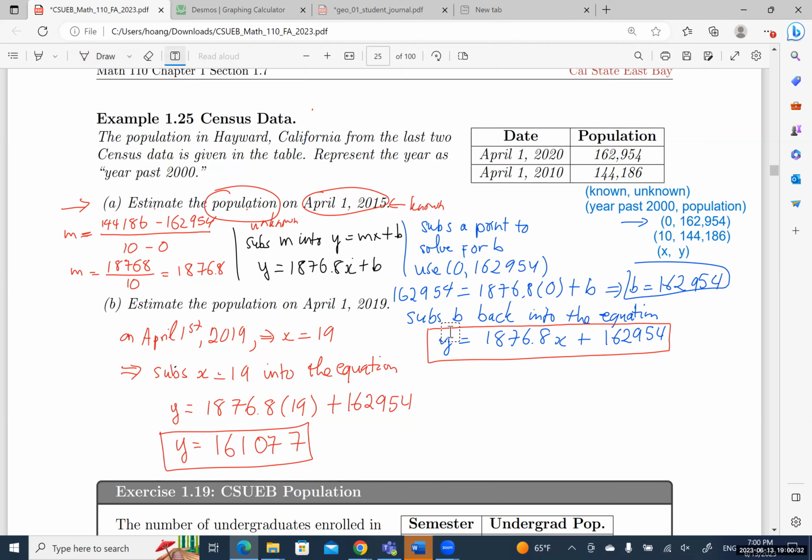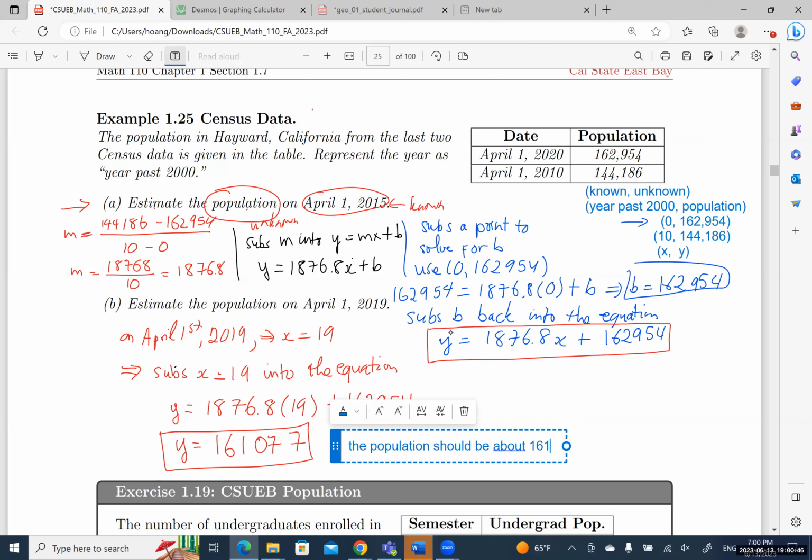And I can say the population should be about 161,077 on April 1st, 2019.